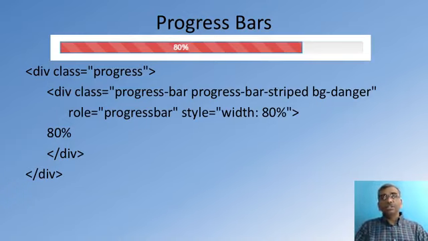In this case, bg-danger is being applied to this progress bar. We can also make the progress bar striped. We can also animate the progress bar and also specify how much of that progress bar needs to be filled. So by changing this width value dynamically, you can create a progress bar that will keep updating itself on the web page.